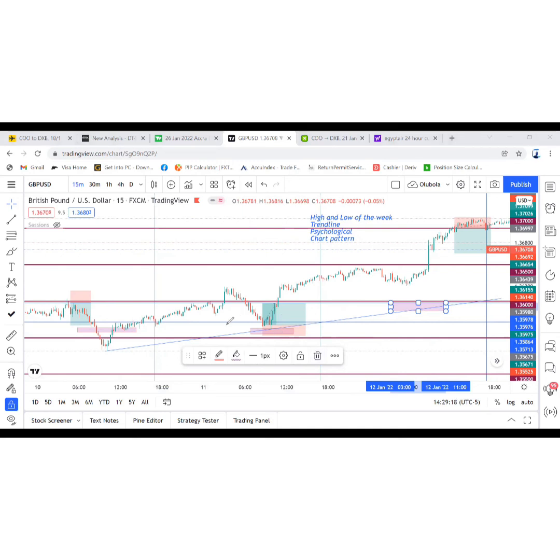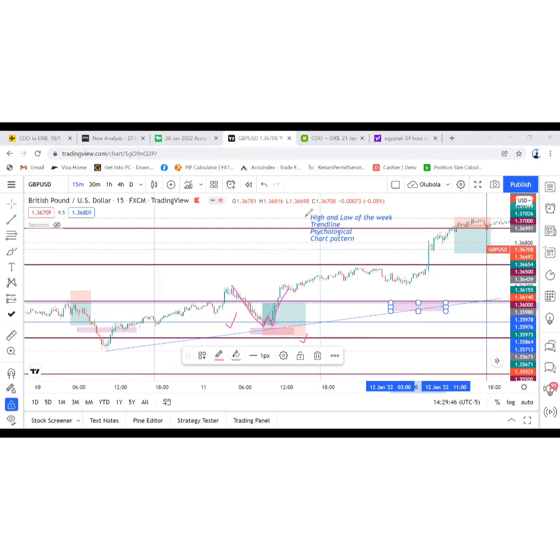I have my low of the week, right? The market is closer to my psychological level. And I have a confirmation with the chart pattern. That's correct. Did you understand it now?